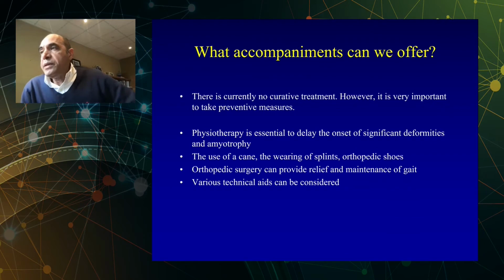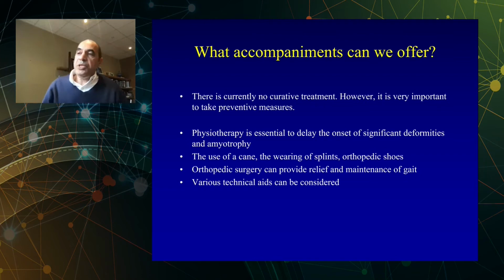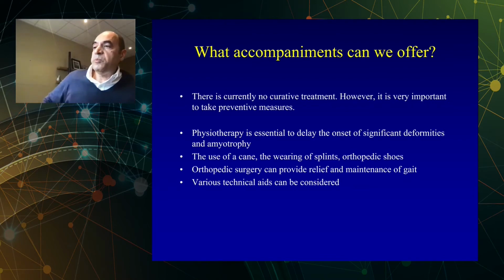What accompaniments can we offer? Currently, there's no curative treatment. However, it is very important to take preventive measures, especially with physiotherapy, whose objective is to delay the onset of significant deformities and amyotrophy.